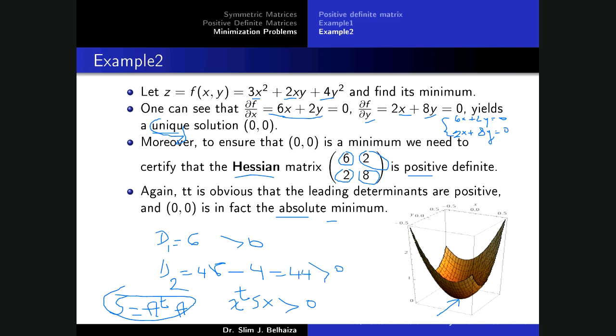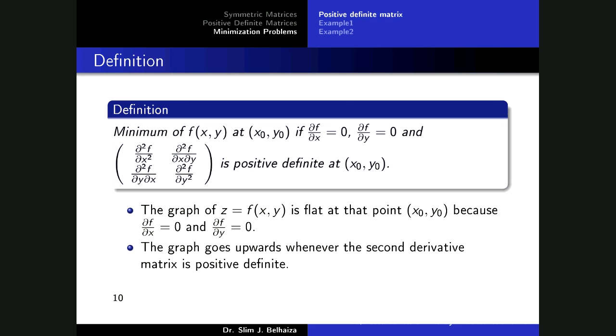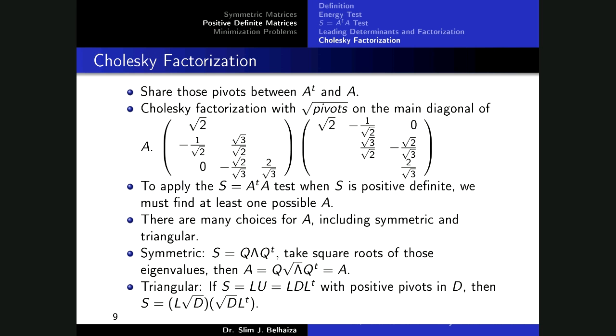This is the energy test today, Shabab. This is the symmetric matrix test, where A transpose times A equals S with independent columns. Well, there is another test, the leading determinant test. And finally, after the leading determinant test, we've seen another test, the Cholesky factorization, which gave back the A transpose times A.